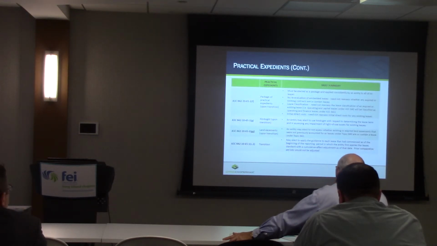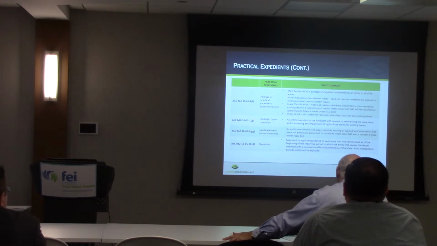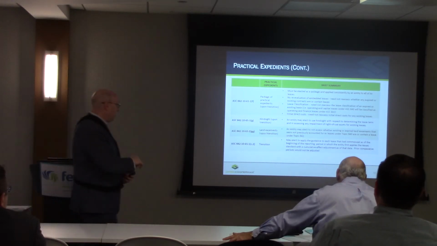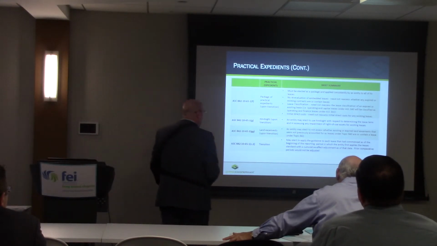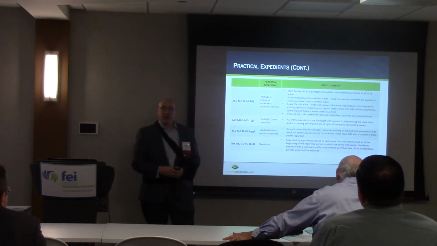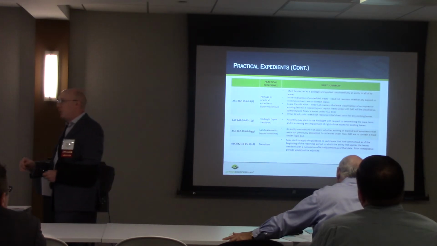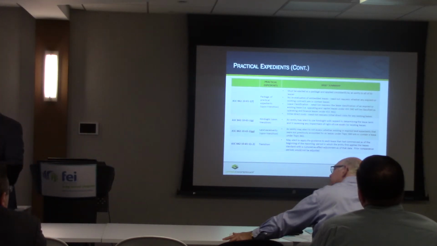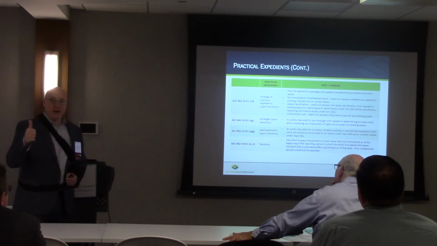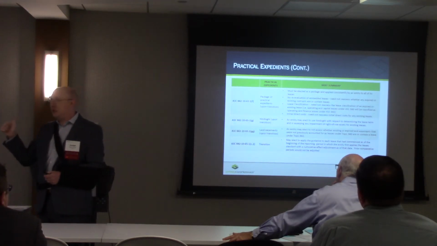The package of practical expedients is what I was referring to before, and the last one that I'll talk about here. This really has to do with transition guidance and easing your transition into the new standard. It's a package, meaning that the 3 elements of this practical expedient must be adopted together. You can't pick and choose. First, no need to reevaluate whether or not the arrangement contains a lease.